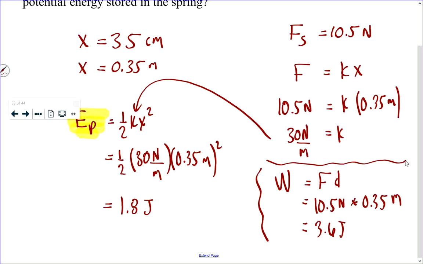It wasn't 10.5 newtons the whole time. So if you divide this by 2, you'll get the right answer. Or you could find the area of the graph. But my point is, why would you do any of that when you have a formula for potential energy? Even if the question said determine the work done, I would still use the potential energy formula.